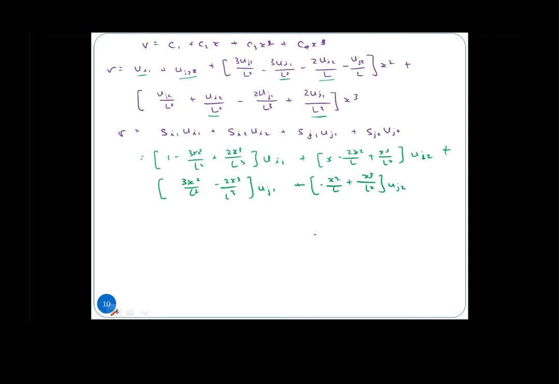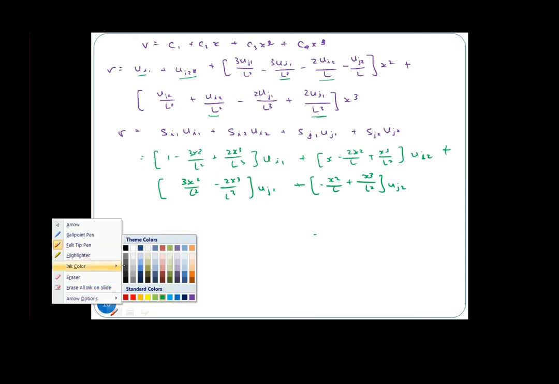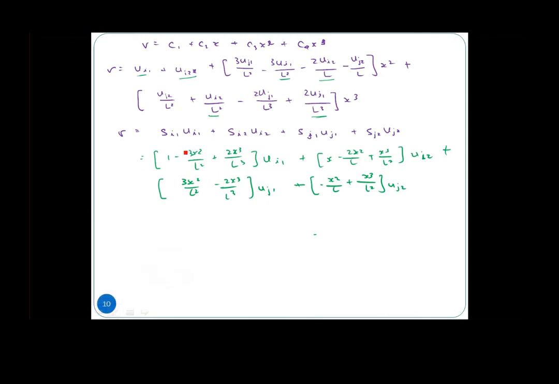So I can say that the shape functions: this thing will be my si1, this thing will be my si2, here will be my sj1, here will be my sj2.